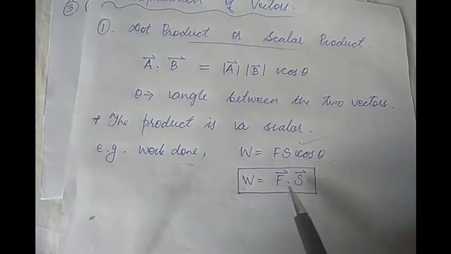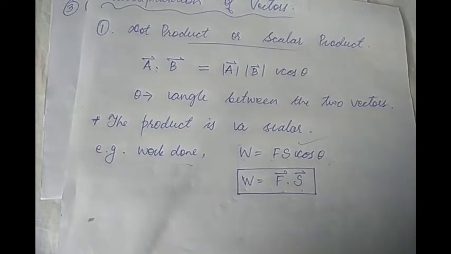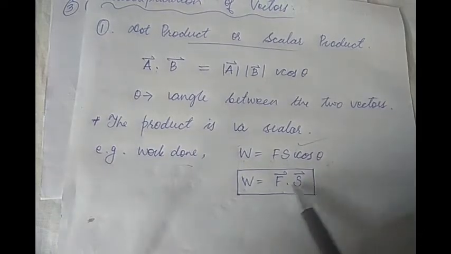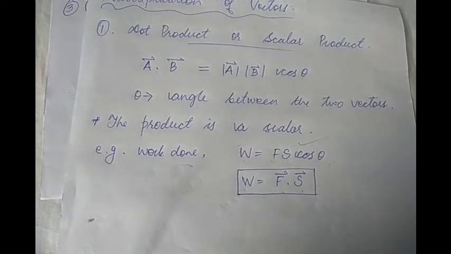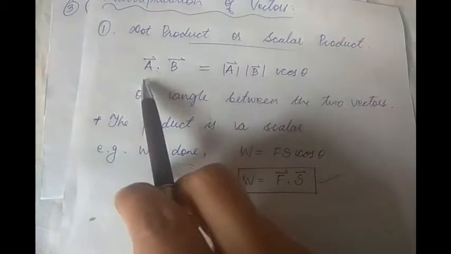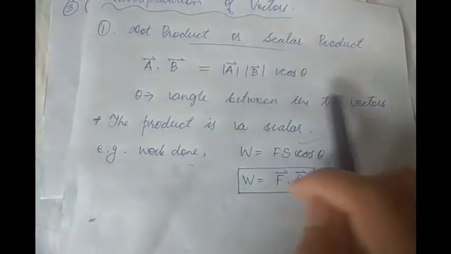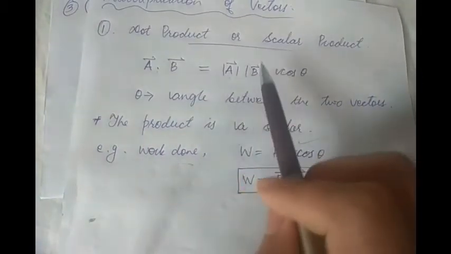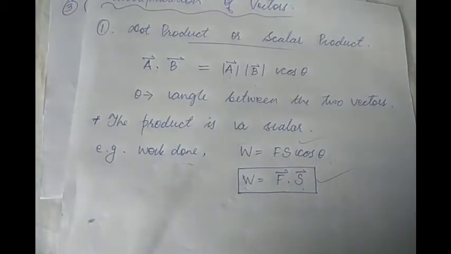Work is F dot S, force dot displacement, remember that. This is an example of dot product. And don't forget this, a dot b will always give you ab cos theta, the magnitude of a, magnitude of b, cos theta.